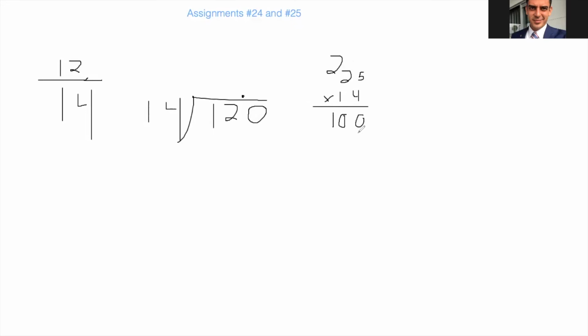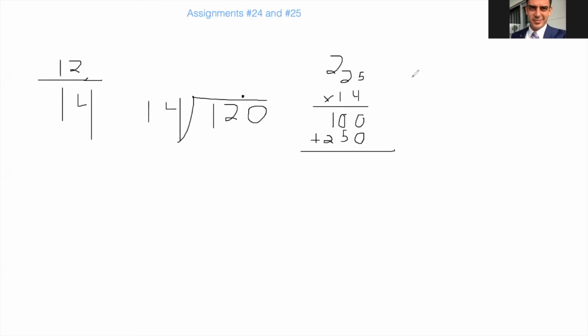And then on the second line, remember there's another 0 down here. Then 1 times 5 is 5, 1 times 2 is 2, and then you would just add that up. Basically you just want to figure out how many times does 14 go into 120. That is obviously way too high of a number.